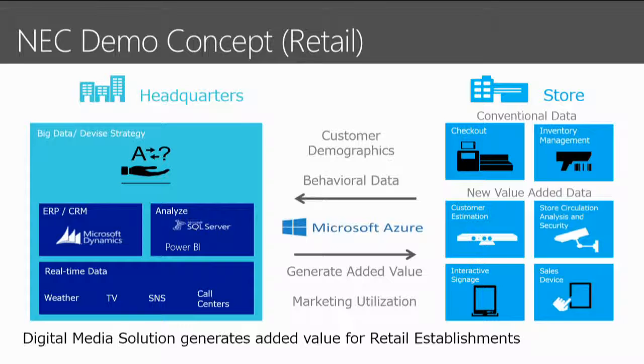And then combined with external information, like weather or temperature or social network information, all combined and using Power BI to analyze more visual information, and what people behave or what time people come into the store. Could be each different store, many stores, different types of information required. So those are additional information, and I think it goes to the next phase for the retail environment. So that's a concept, basically what we're thinking about.